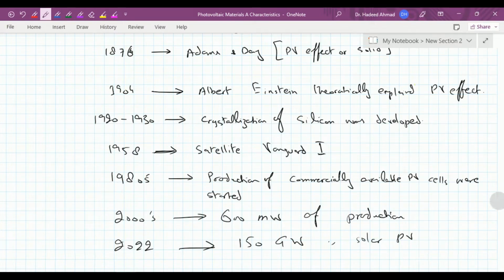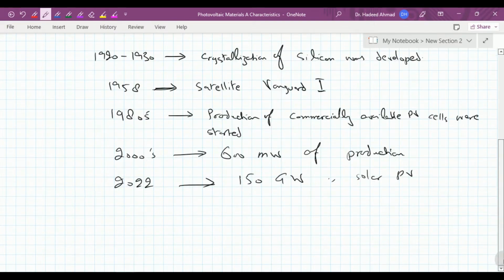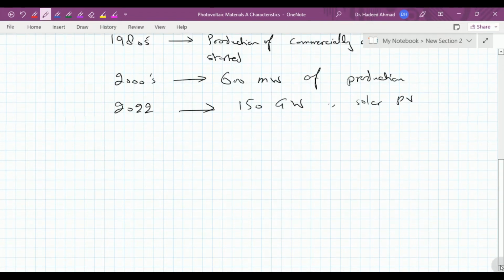So what is actually a PV material? Photovoltaics use semiconductor material to convert sunlight into electricity.